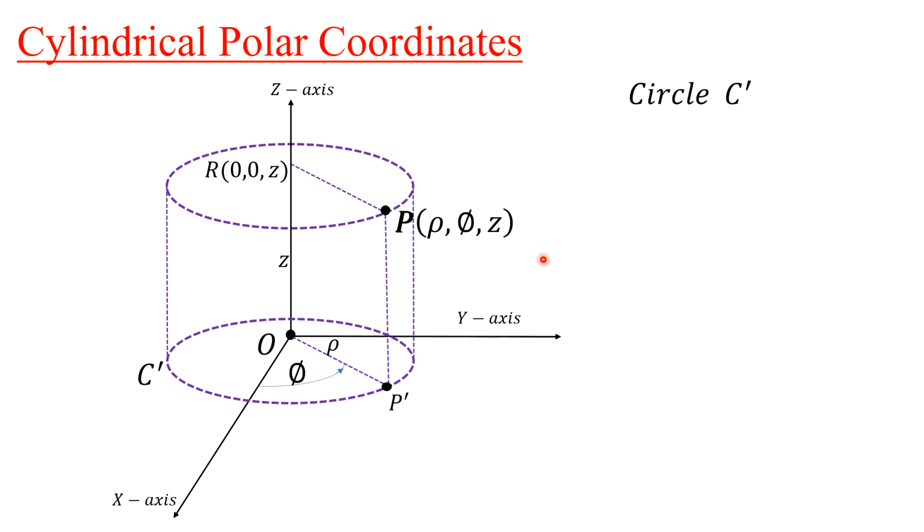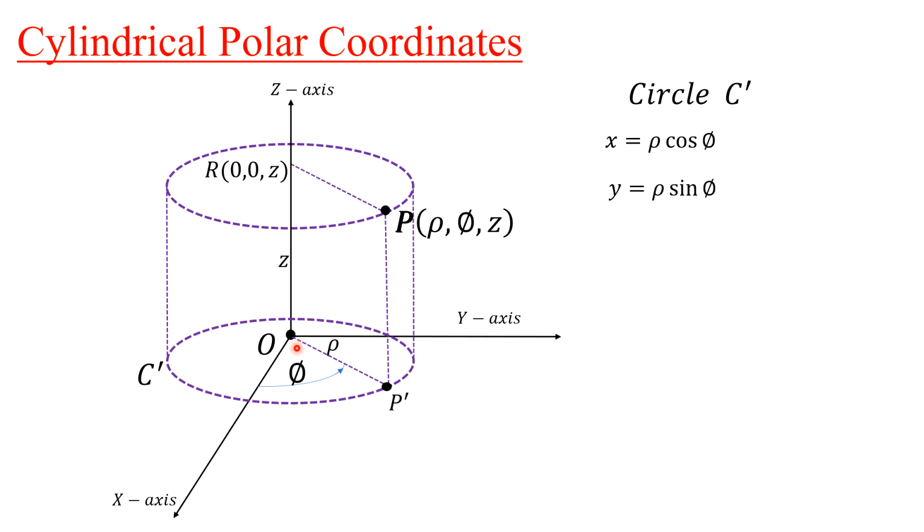Now we will see the relation between Cartesian and cylindrical polar coordinates. Consider this circle C dash. It is a circle in a 2-dimensional plane, so we get x equal to rho cos phi and y equal to rho sin phi.